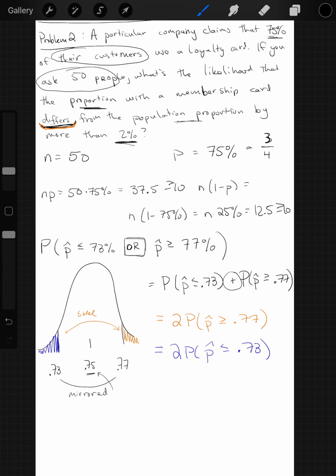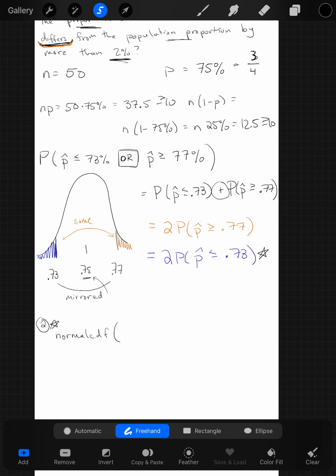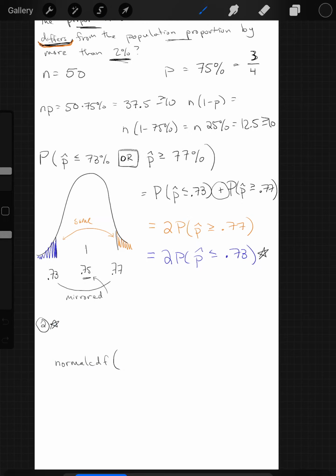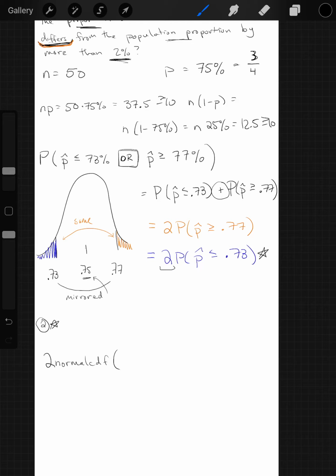So if we wanted to do this using the calculator route, which I would recommend, we could do normal CDF. Right, so let's do this one for our answer. So 2 times the normal CDF.